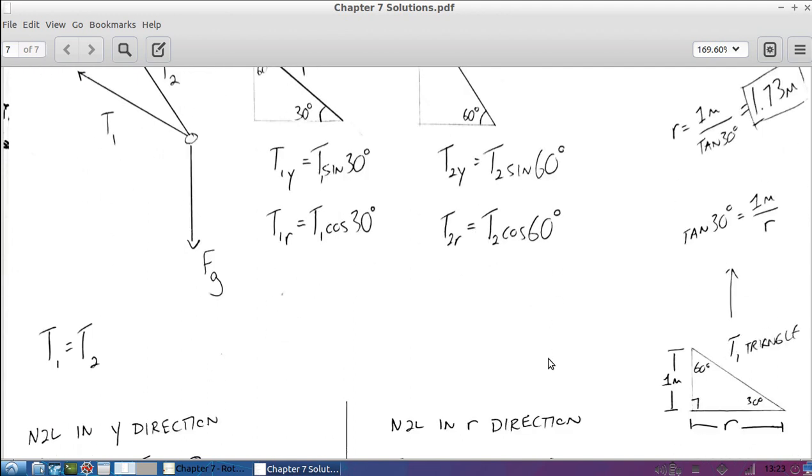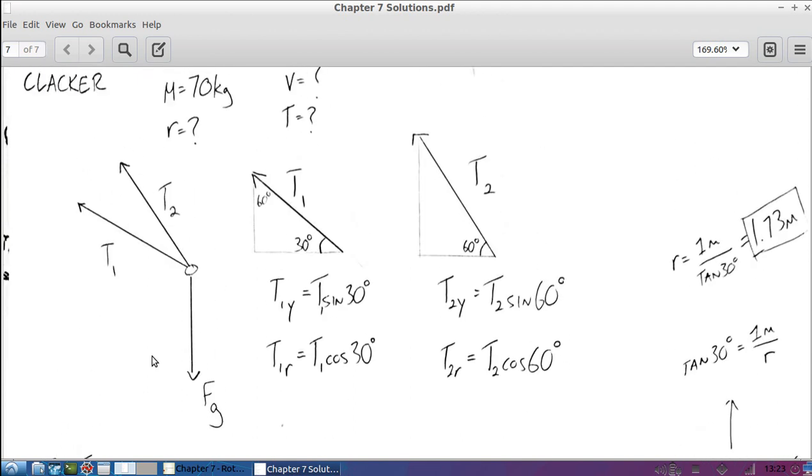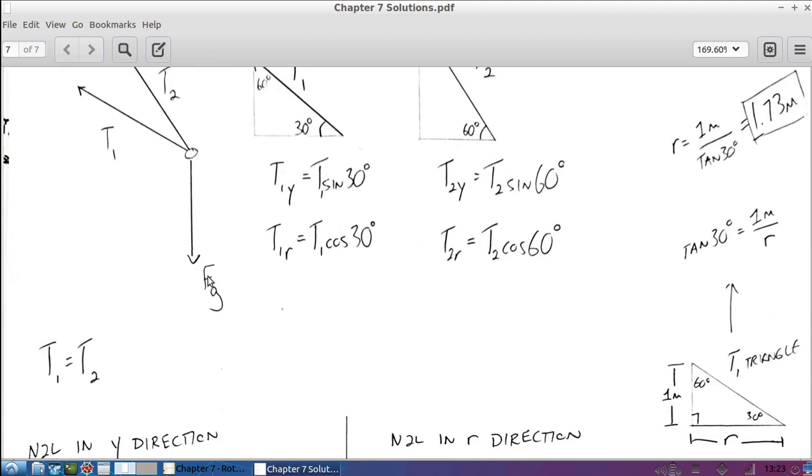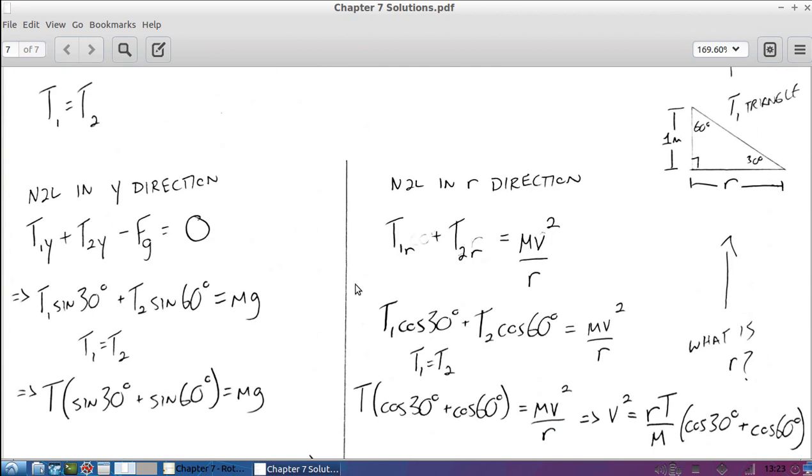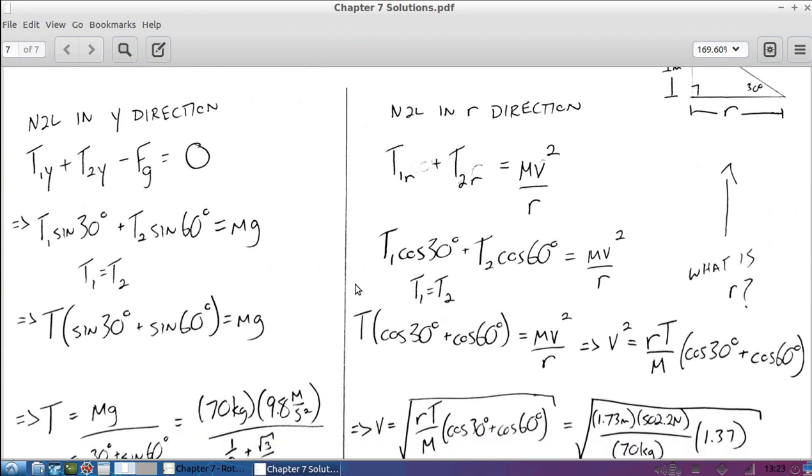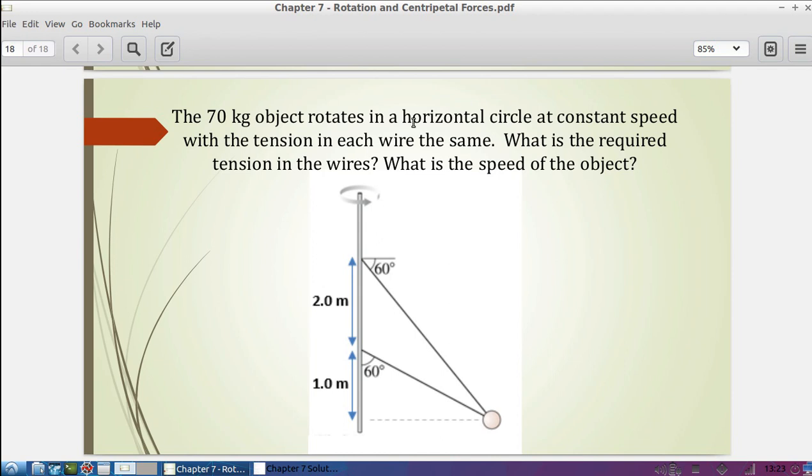So now I can write my Newton's second law in the vertical direction, and then I can write Newton's second law in the r direction. So we're still looking at centripetal motion. Newton's second law in the y direction is the y component of the two tensions in the positive y minus the gravitational force, and that's equal to 0, because they told me in the problem that the object rotates in a horizontal circle.